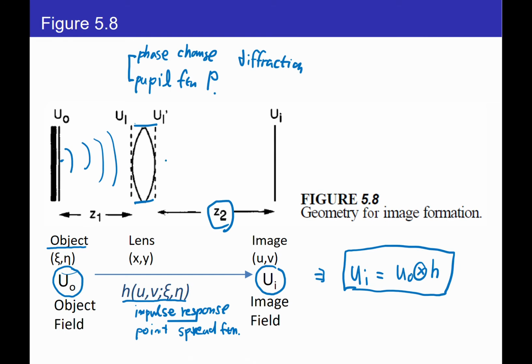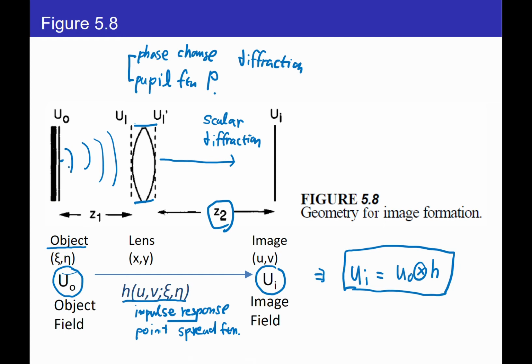After that, it is going to be diffracted, and we can use the scalar diffraction theory to correlate ul prime and ui.